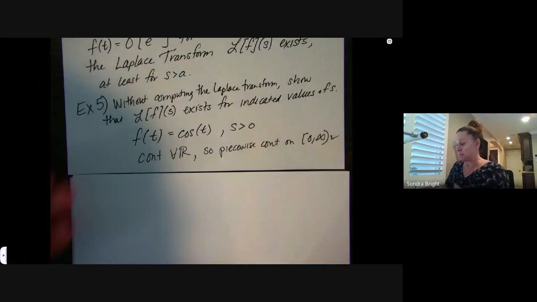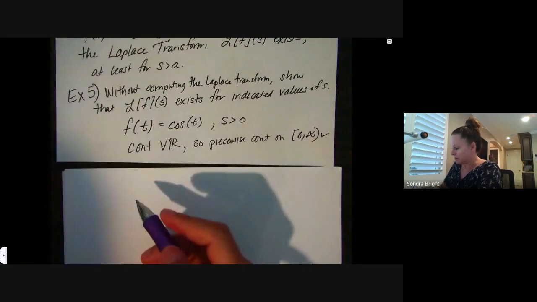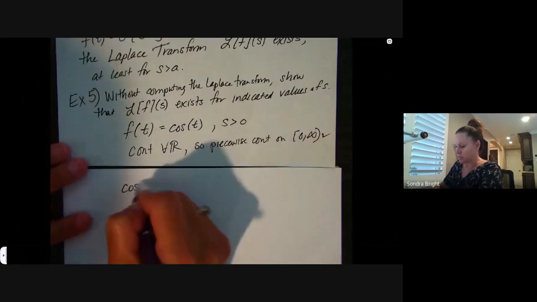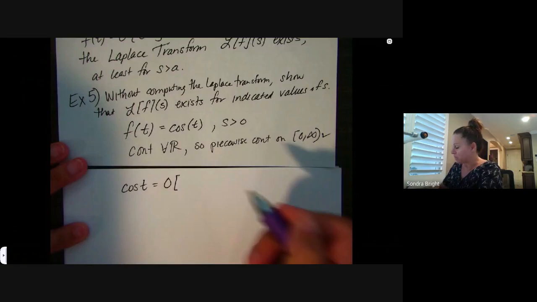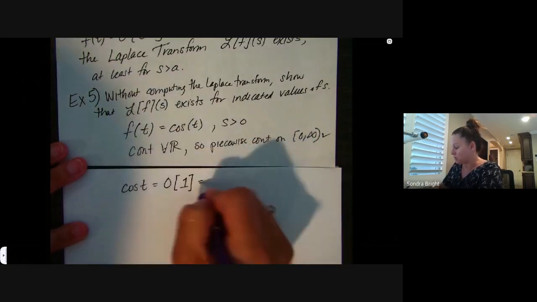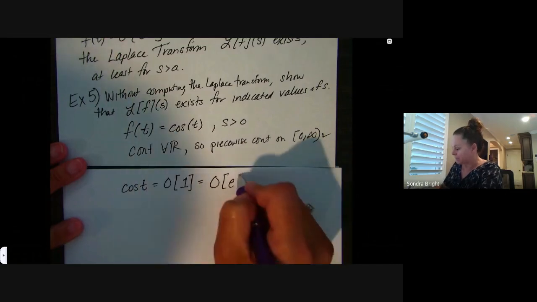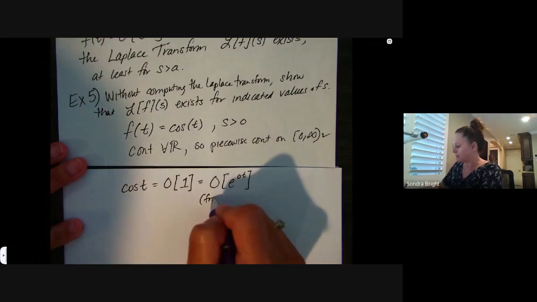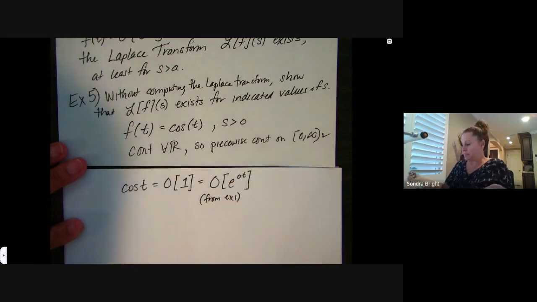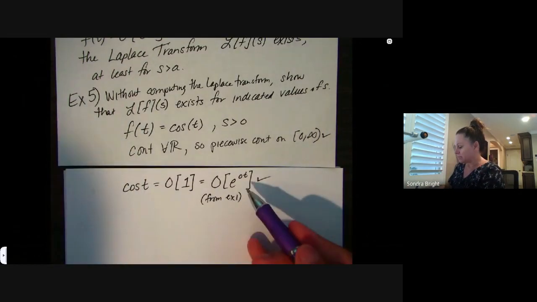And then it needs to be of exponential order. But we figured out that cosine was of exponential order. Well, it was of order 1, which we had said was of exponential order because e to the 1 is just e to the 0t. And this is from example 1. I'm not going to do all the work again. All right, so my theorem says if it's piecewise continuous from 0 to infinity and of exponential order, then the Laplace transform exists.